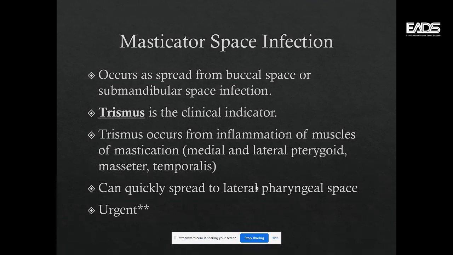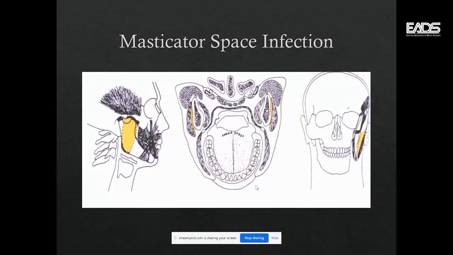As I said at the start, the medial and lateral pterygoid plus the masseter and temporalis muscles are involved. This can quickly spread to the lateral pharyngeal space, which is literally an urgent case. This is how it looks like. These are the masticatory muscles, and it can easily fall down into the lateral pharyngeal space.